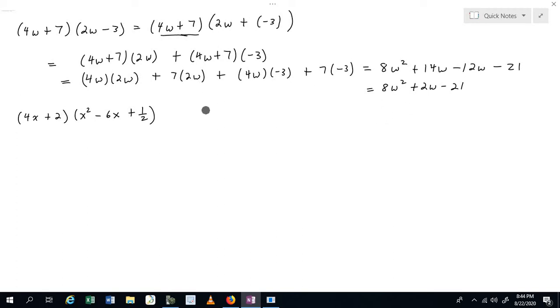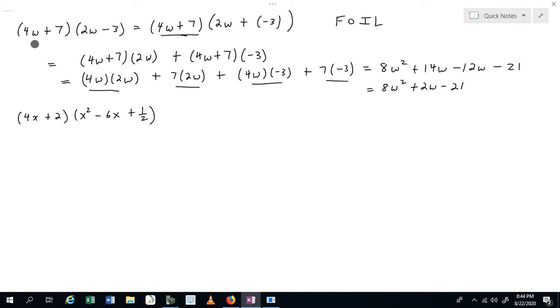Okay, so you can also use what's called the FOIL method. And so one thing I want you to notice is you end up with 4 terms ultimately here. And those 4 terms you can get by using what's called the FOIL method, which stands for first, outer, inner, last.